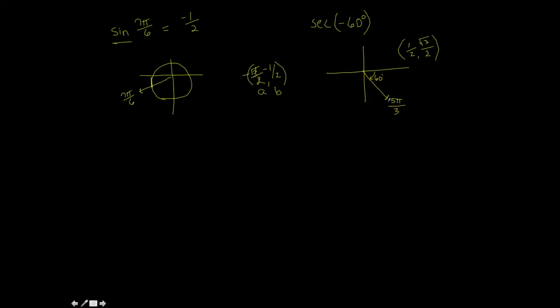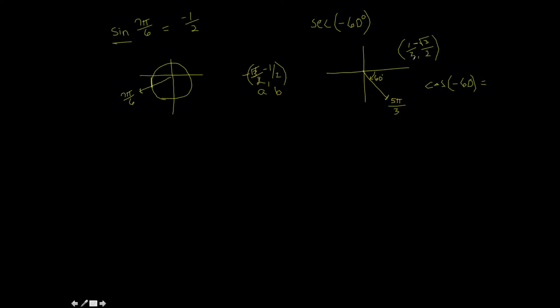So remember, in quadrant 4, x values are positive, y values are negative. But this is secant. Now, if I'm doing this problem, the first thing I'm going to do is figure out what the cosine of negative 60 degrees is.